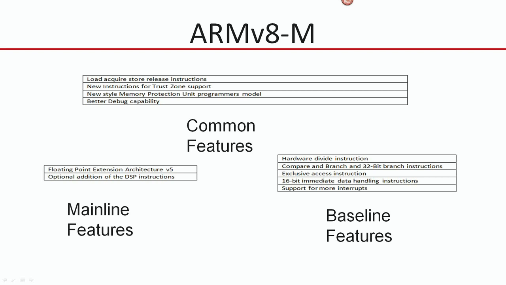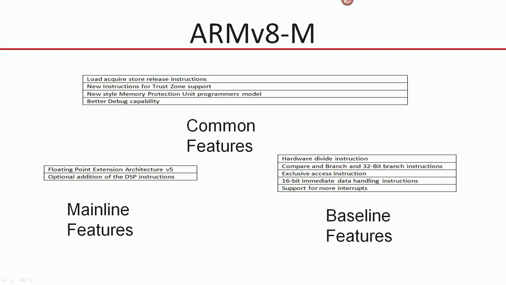The M0 and M0 Plus don't have exclusive access instructions at the moment, so there are manufacturer-specific ways of communicating between cores in a multi-core architecture. The exclusive access instructions will allow us to implement things like semaphores and mutexes in hardware across a multi-core design.